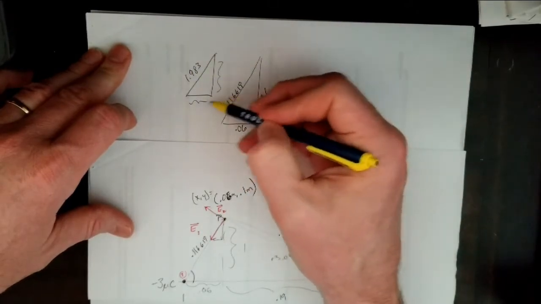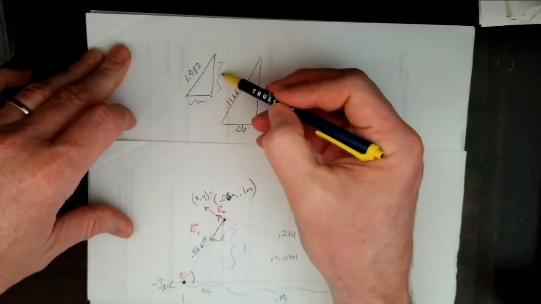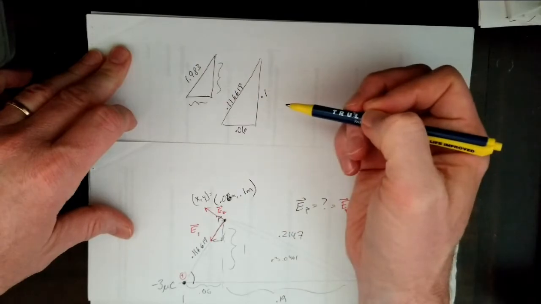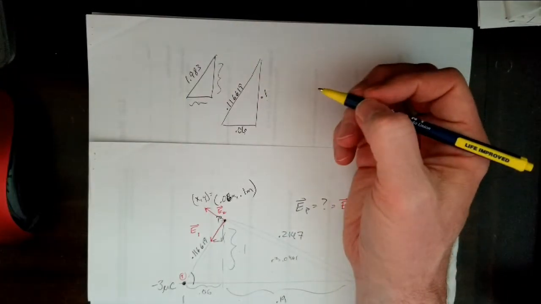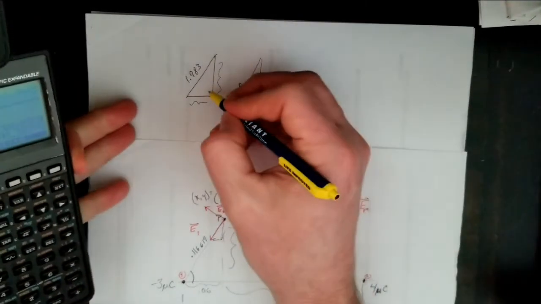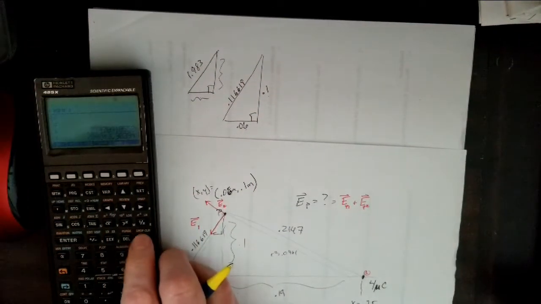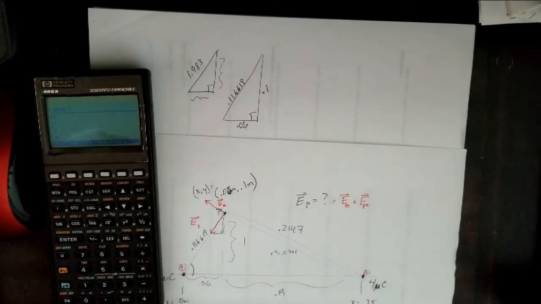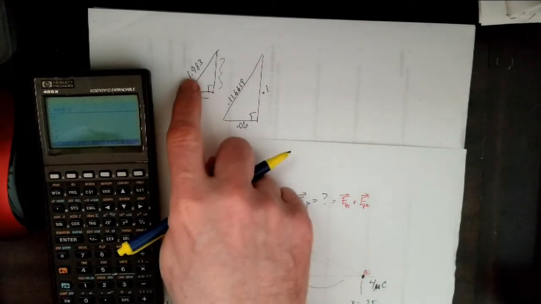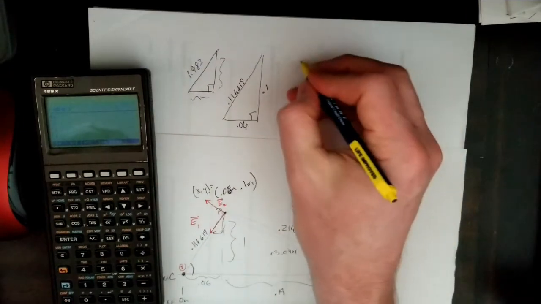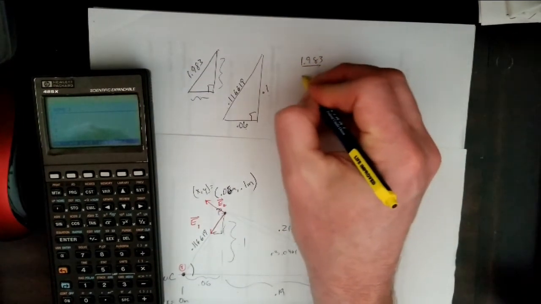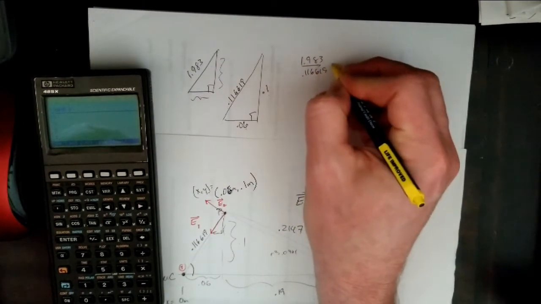Well, that is to that as this is to this, and here is to here. In essence, we are deriving the trig relationships here. I don't have to know the exact angle, but let's go ahead and do that. So that divided by that. So I have 1.983 over 0.116619.